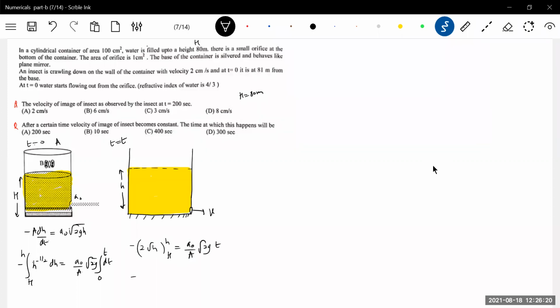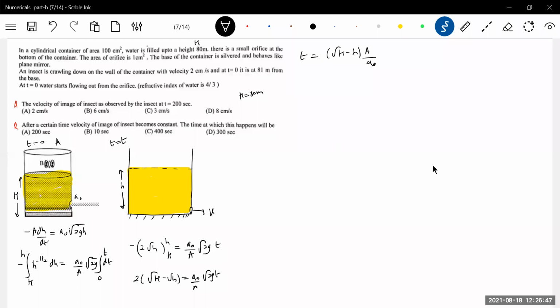Into time. So this will become 2 root h minus h a naught a root 2 g, or the expression for t will be a naught. Okay, this will be a by a naught. A naught is area of cross section of hole.